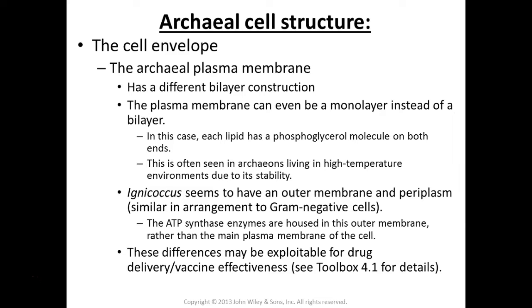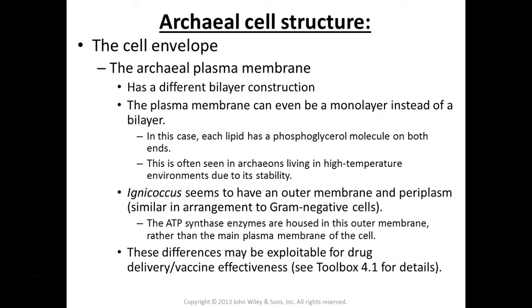Their ATP synthesis enzymes are housed in that outer membrane, not the plasma membrane like bacteria. So why are they sticking it on the outside? I don't think we honestly have a hypothesis for that. But it's there, and there's obviously a reason why it's there. It works for them in that environment.